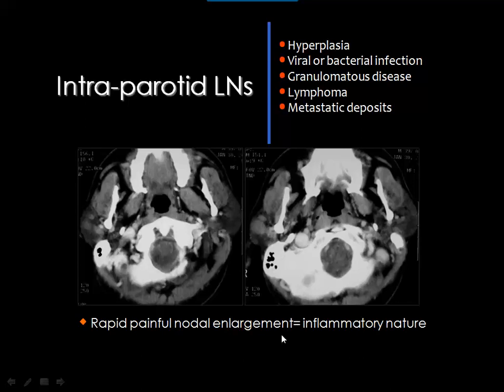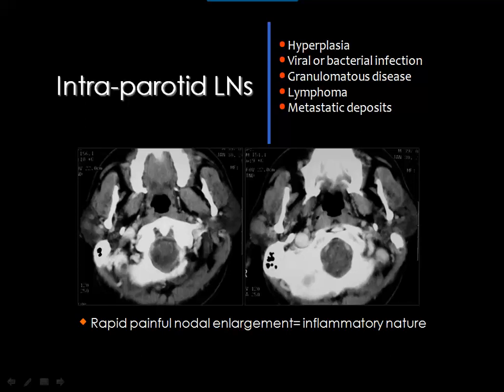Inside the parotid gland, there are lymph nodes, and these lymph nodes are not usually seen if they are normal. But whenever the lymph nodes are enlarged, they will form multiple masses. And as I have mentioned, if you are confronted by multiple solid masses in the parotid gland or in both parotid glands, it's better to diagnose this as bilateral multicentric Warthin tumor rather than to consider it lymph nodes, unless you have other lymph node groups that are enlarged in the neck, as I will mention after that.